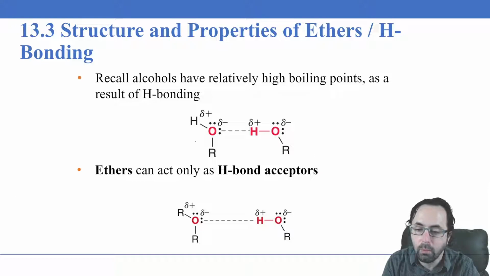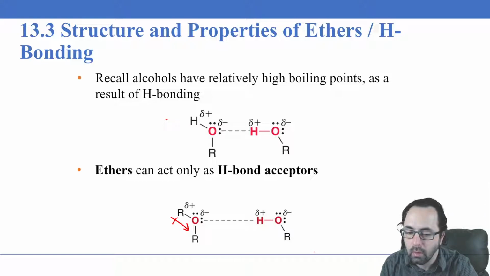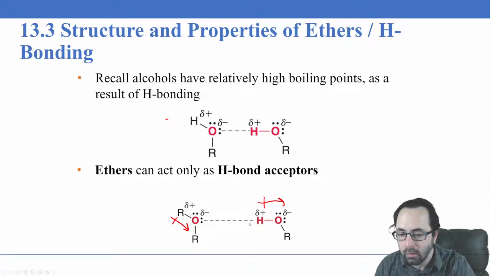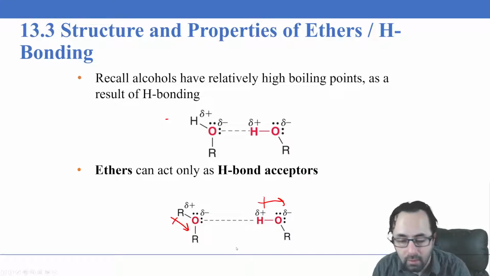So we have this partially negative oxygen atom, and so that can be attracted to the partially positive hydrogen atom on an alcohol. So we would say that ether is a hydrogen bond acceptor as opposed to a hydrogen bond donor. The alcohol can donate a hydrogen bond by having its partially positive hydrogen attracted to a partially negative atom on a neighboring molecule.